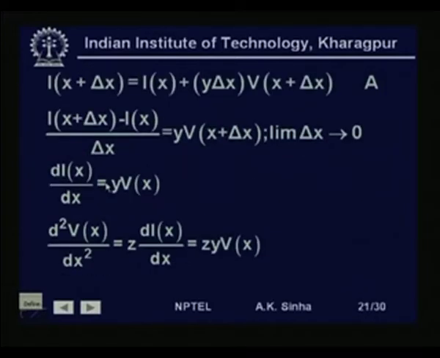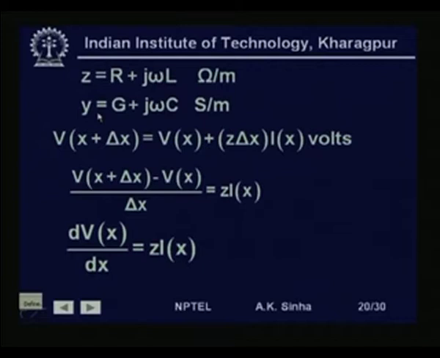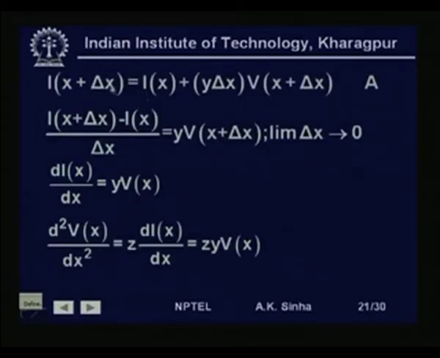That is why we have got I at x plus delta x equal to I x, the current at x, plus y into delta x, the admittance, multiplied by V at x plus delta x.